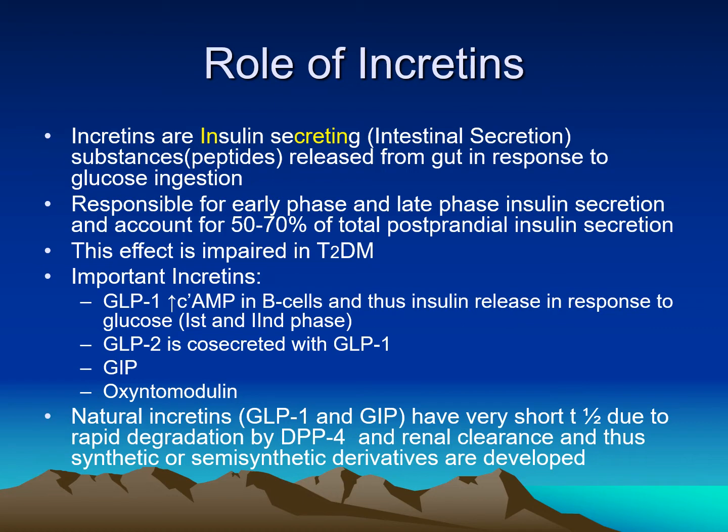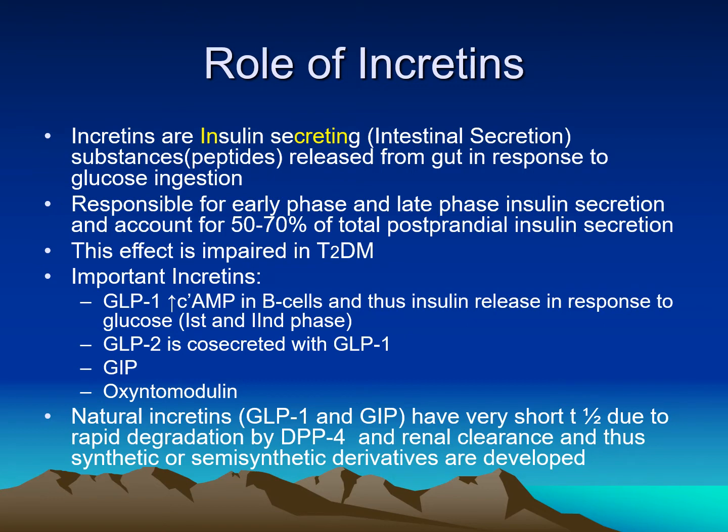Now, among the important incretins which we will be discussing, there are actually three: GLP-1 and GLP-2, GIP, and oxyntomodulin is coming up. In this presentation, we will not discuss oxyntomodulin, but we will be discussing GLP-1 based therapies mostly.